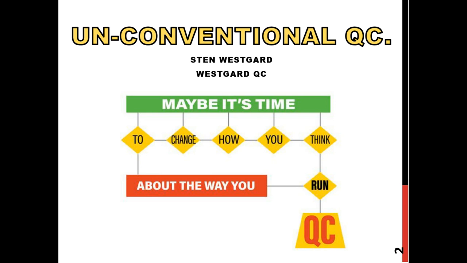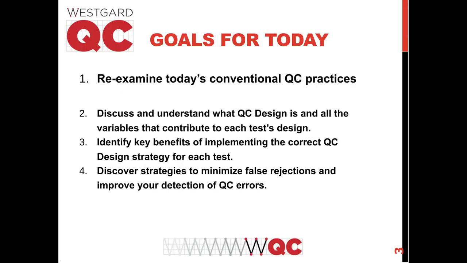The goal of today is to be unconventional. And we're going to talk about what the habits, the common practices, are in quality control, and how many of them are really detrimental. And I hope that by the end of this session, you'll start to re-examine what you are doing currently for QC and think about actually trying to design QC, not just doing the same thing that you've been doing for a long period of years.